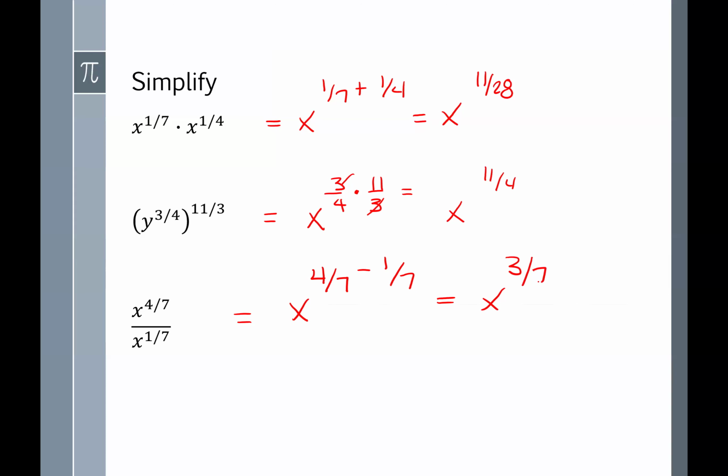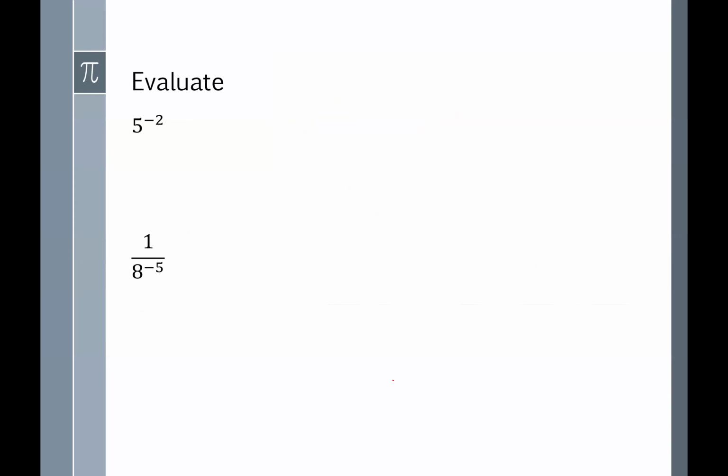So if you have something raised to a negative power, it means to take the reciprocal of that. So 5 to the -2 means, by definition, take the reciprocal of 5 squared.